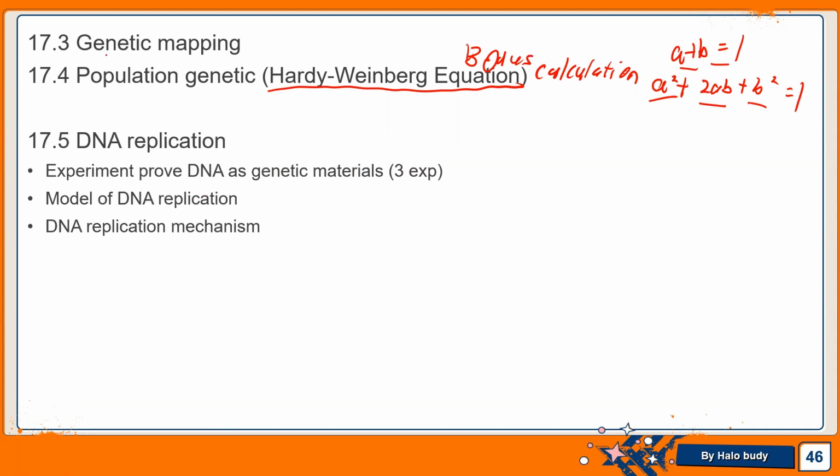Okay. Next is the genetic control topic. 7.1 until 7.4 are the inheritance. Next, beginning with 7.5 is DNA replication, which is about genetic control. Okay, DNA replication. As you may have learned in SPM, I don't know if you know or not, because in SPM you may not have learned about mitosis, right?